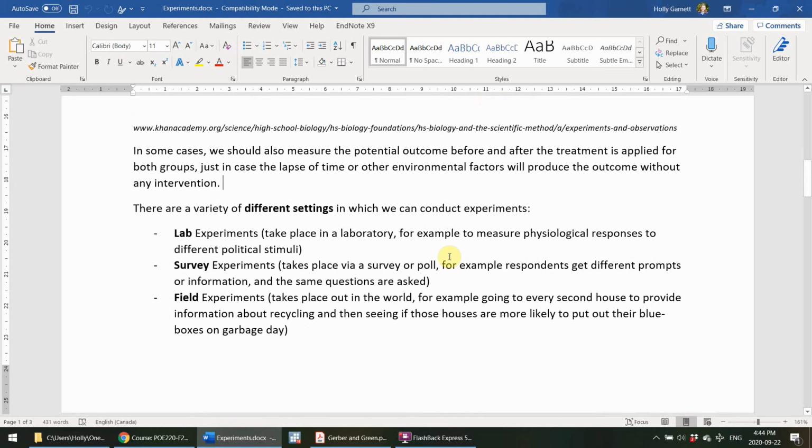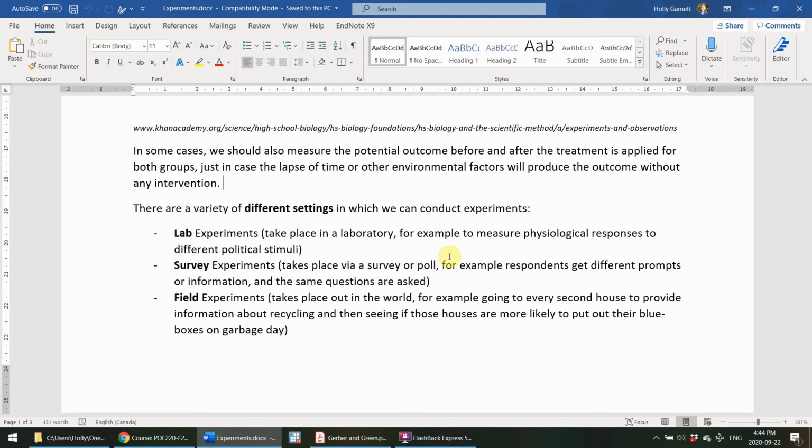There's a few different settings that you can conduct an experiment in. There's a lab setting, so you can actually do experiments in a laboratory. So for example, my previous supervisor did some work where she was actually measuring the physiological responses in people's brains with different political stimuli, which was very cool. You can also do a lab experiment where you are using eye tracking software to see what kind of news people are going to based on what kind of prompts they receive.